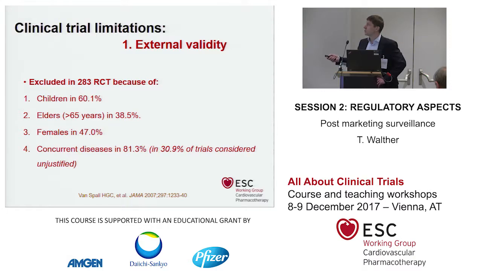And I guess it's not surprising to see that 60% of all clinical trials did not include kids. But it is already very surprising to see that 40% excluded older patients. And older does not mean 85 and older. We talk about 65 and older.